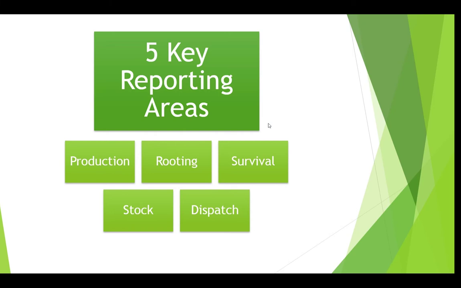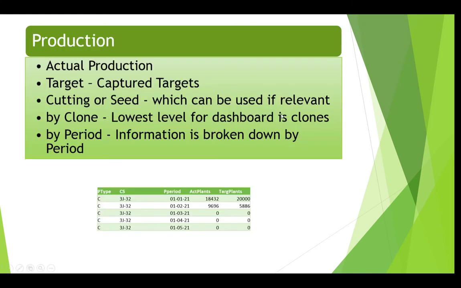So, having looked at these five key areas in a bit more detail, some of them are a little bit more simple, some are more complex, but essentially what we've done is we've put together and assimilated data, and the samples of these tables are what actually now get uploaded to the server. Okay, so when we looked at production, we looked at actual versus target.